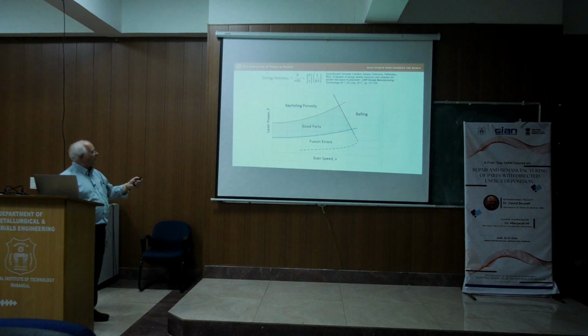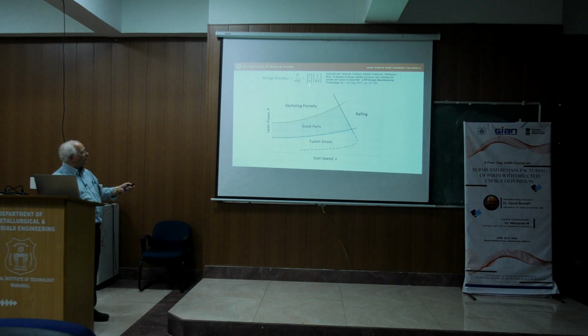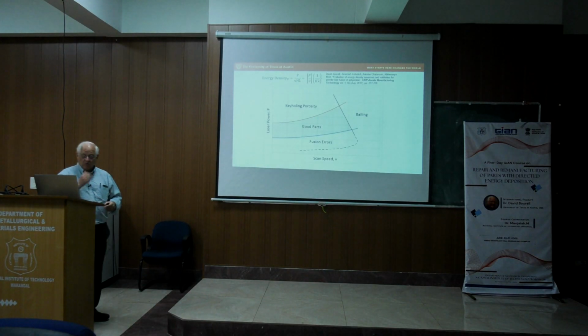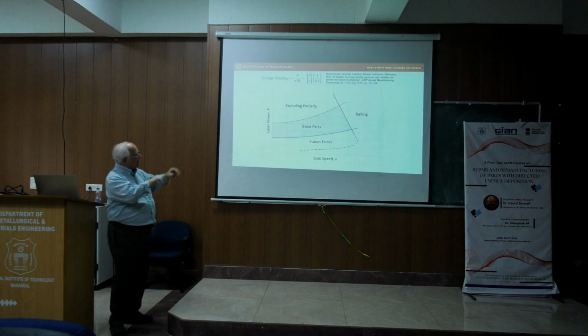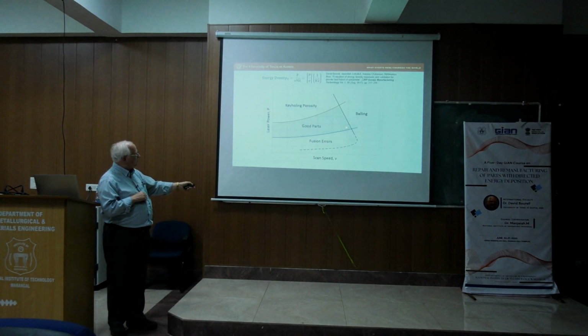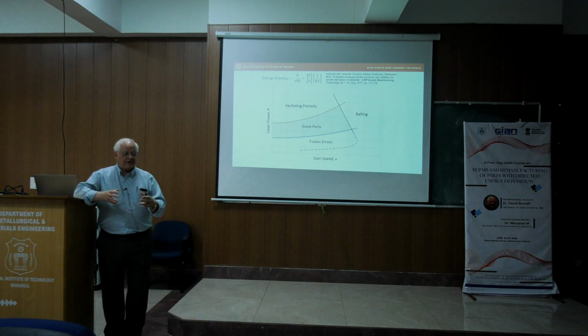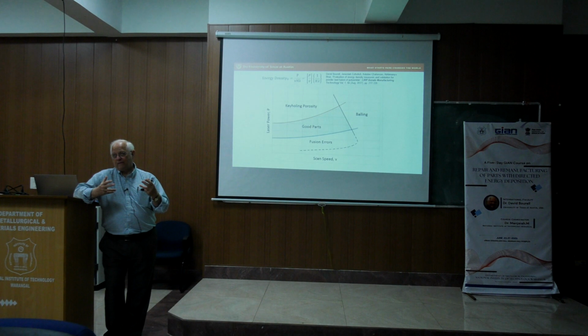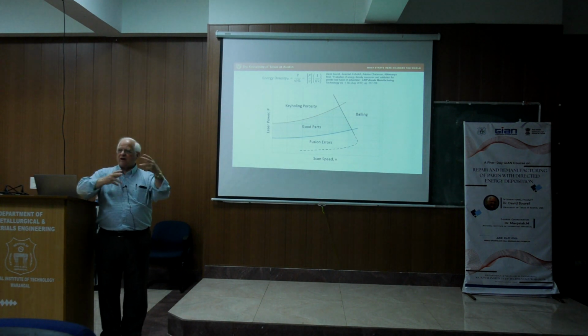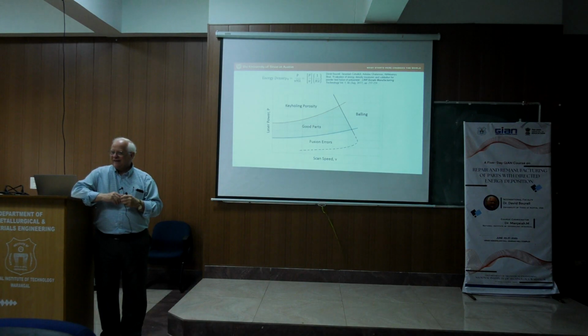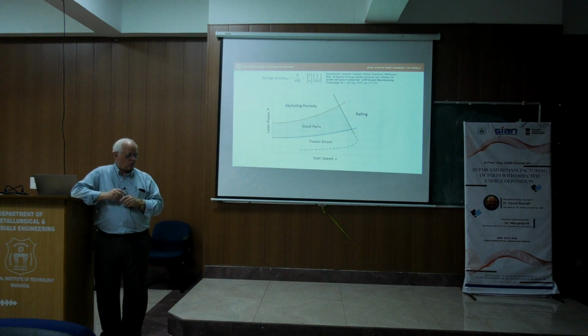You remember we had the energy density relationship here, and implicit in these PV diagrams is that the hatch spacing and the layer thickness are not varying. If we vary those, then it's an apples and oranges comparison. If you look at these colored boundaries and this black boundary, as I change the hatch spacing or the layer thickness, those lines are going to move around on the page, but they still have the same form.